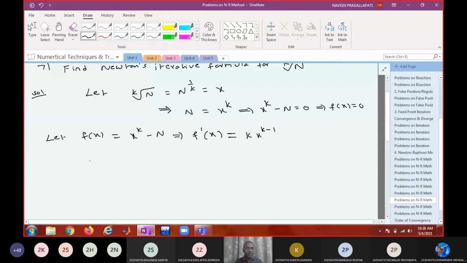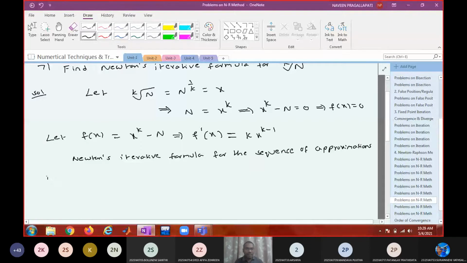So what is the Newton's iterative formula? xn plus 1 equal to xn minus f of xn by f dash of xn, for approximations, n equals to 1, 2, 3 and so on.